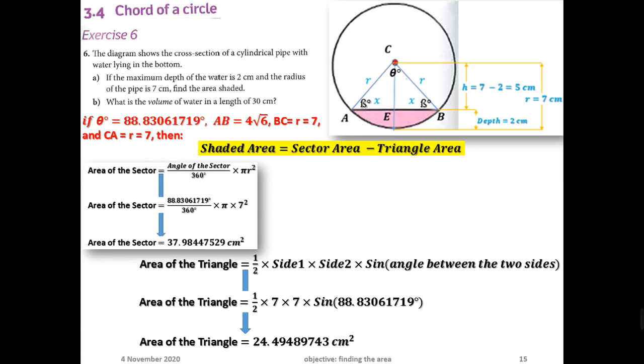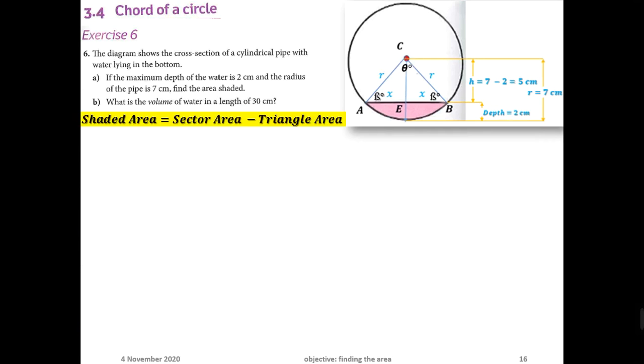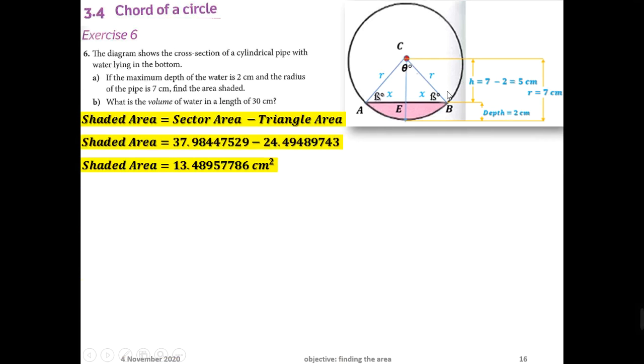If you substitute this in the formula, you're going to find the area of the triangle as 24.5 centimeter squared. Now, you must subtract the area of the triangle from the area of the sector. So the shaded area will come down to 13.5 centimeter squared.